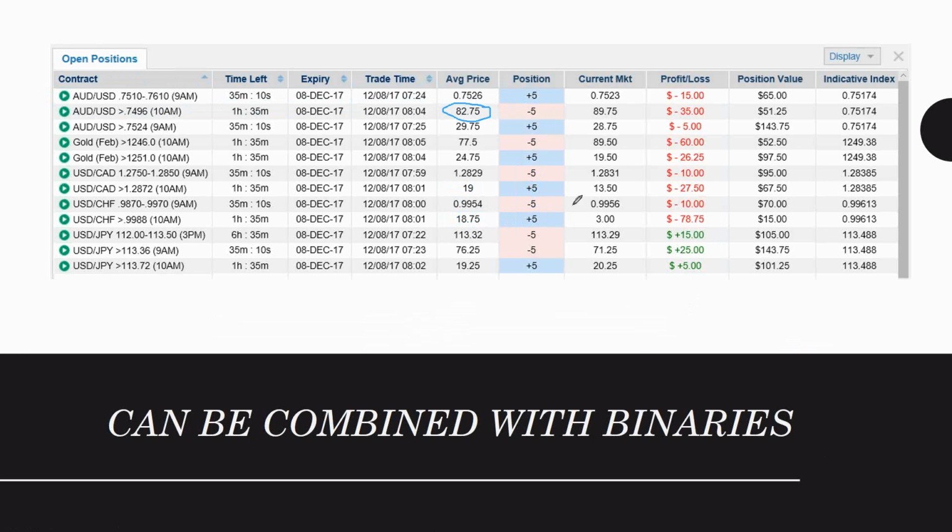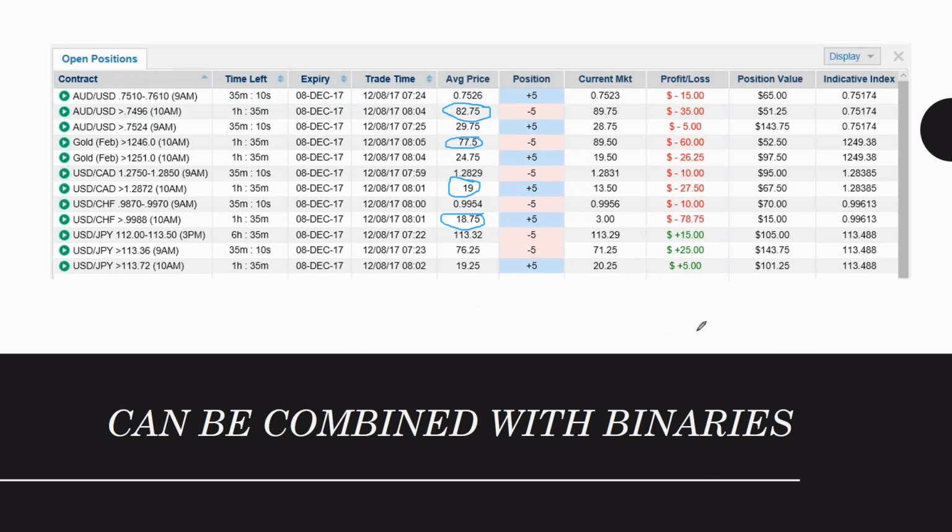On gold, my bias was to the upside, but I had a short as well. On the US CAD, my bias was to the downside, but I had a protection order in the market. On the USD Swiss franc, I had a short position, but then I had a long position as a protection order.